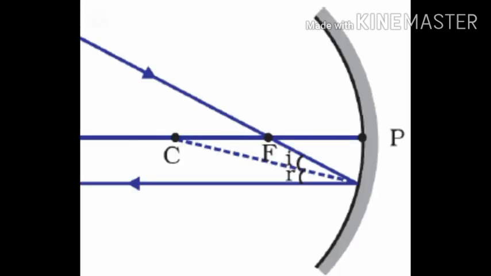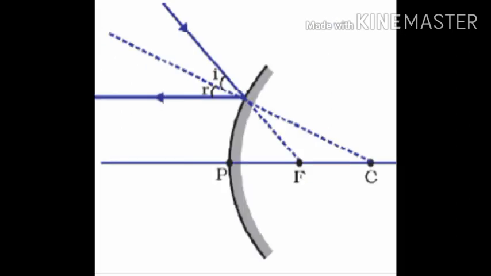Then the second rule is, if the incident light ray is directed towards the focus of a concave mirror, after reflection it will move parallel to the principal axis. And if the light ray is directed towards the focus of a convex mirror, after reflection it seems to be diverging parallel to the principal axis.